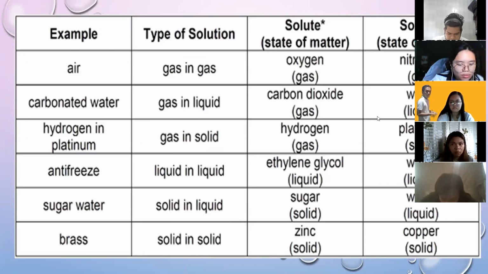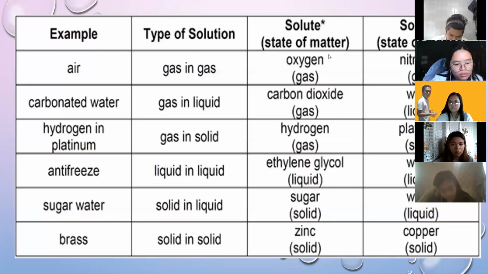And we also have a combination, a solution of a solid and another solid, like what we call alloys. Do not forget that when you hear the word alloys, it means a combination of metals. Metals mixed together, we call them alloys. What is the reason why we mix them?